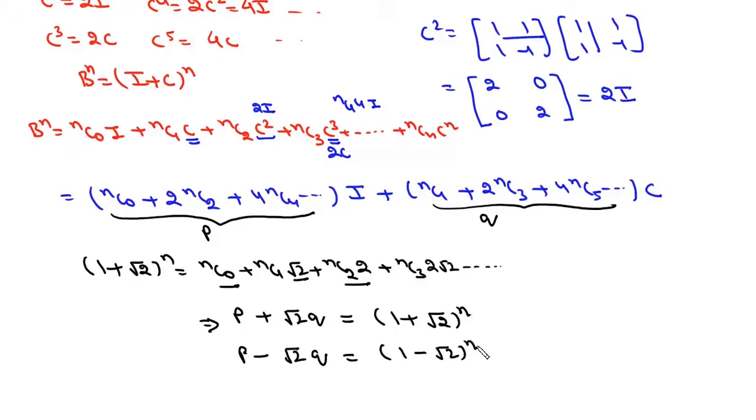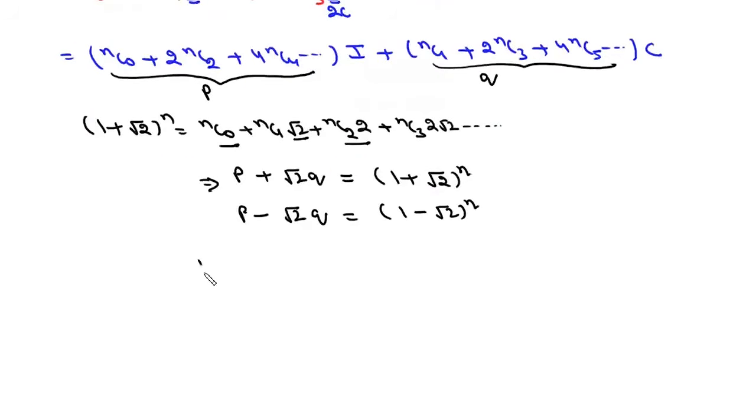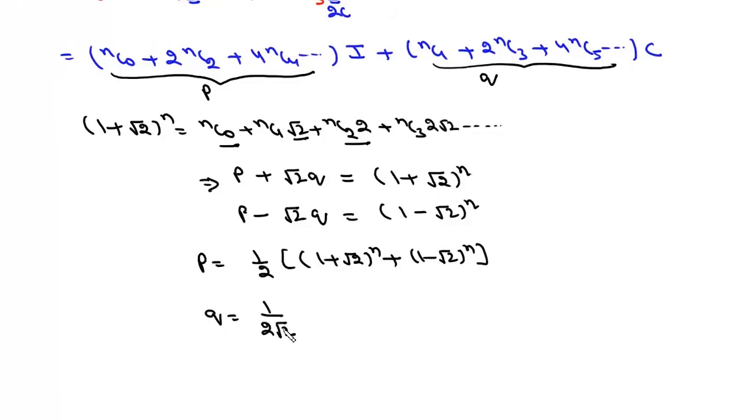Now if we add them, we'll get the value of P. So we'll get this P as 1 by 2 into (1 plus root 2) to the power n plus (1 minus root 2) to the power n, and if we subtract them, we'll get this Q as 1 upon 2 root 2 into (1 plus root 2) to the power n minus (1 minus root 2) to the power n. So now we have worked out the values of P and Q.